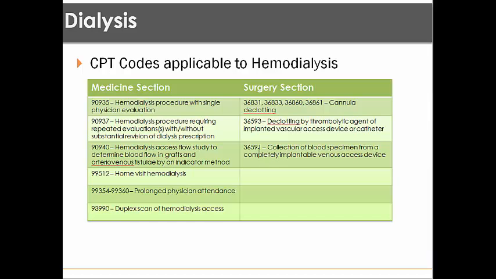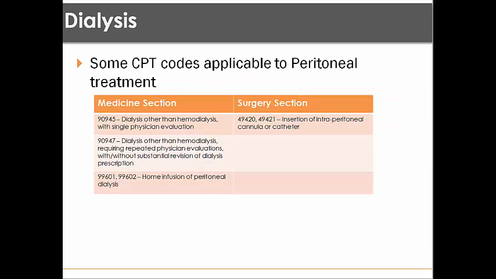And then here are some procedures that are for dialysis, but you would find them in the surgery section. Again, like I stated, the declotting, collection of blood specimen from a completely implantable venous access device. A lot of it is that device for dialysis or a declotting procedure. And then there are also some CPT codes applicable to a peritoneal treatment. Again, you will see some of these codes in the medicine section, but you'll also find some of these in the surgery section.